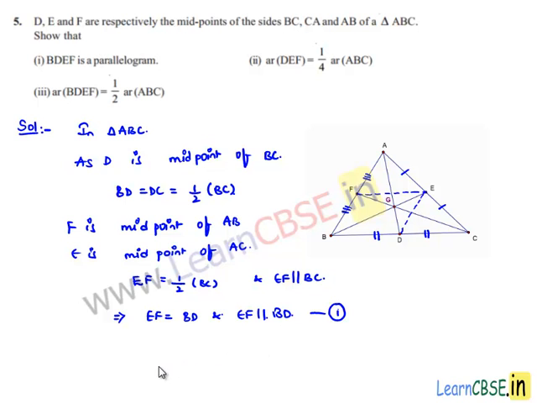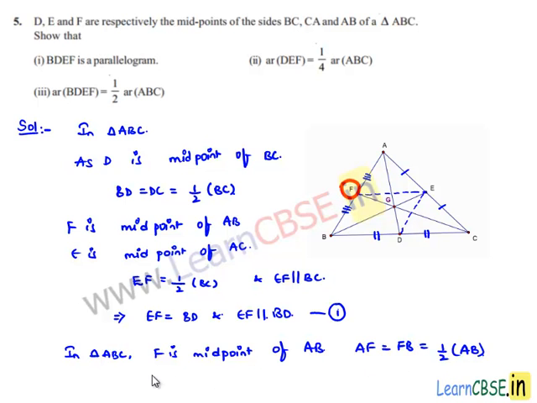Now let us consider again the triangle ABC. Here F is the midpoint of AB, so AF is equal to FB, which is half times AB, and E is the midpoint of AC and D is the midpoint of BC.